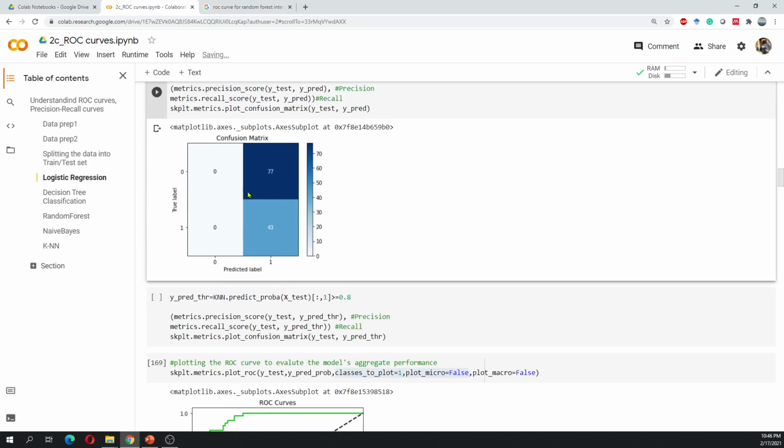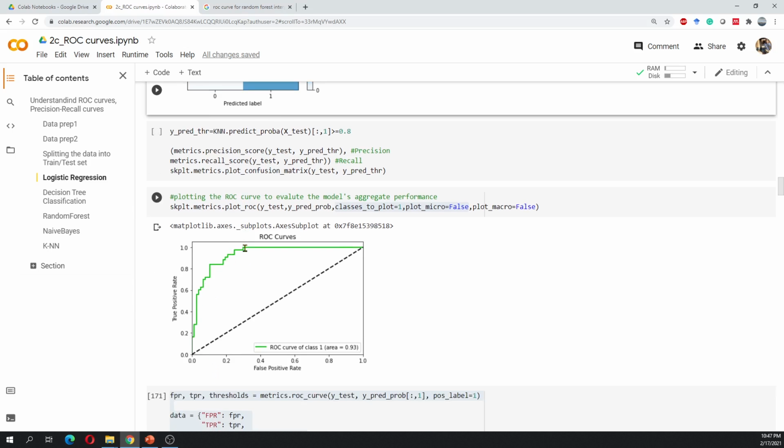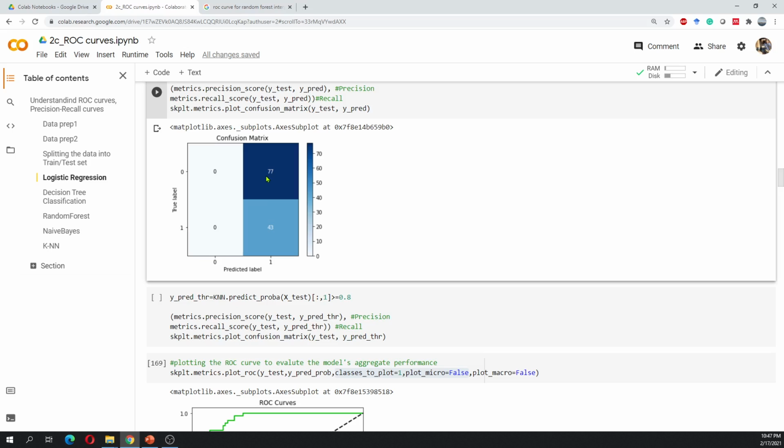So we said these ROC curve thresholds, basically these are values showing us what the true positive and false positive rate would look like if I would go with different probability thresholds. So let's see how the confusion matrix would look like.